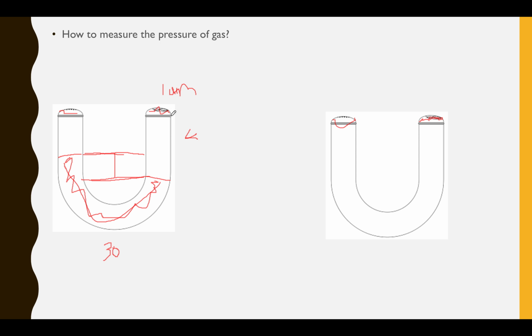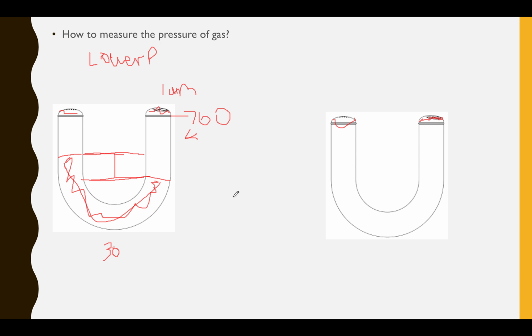And remember the ATM is 760 millimeters of mercury. For the lower pressure, I'm going to write lower so you remember which one we are working on.